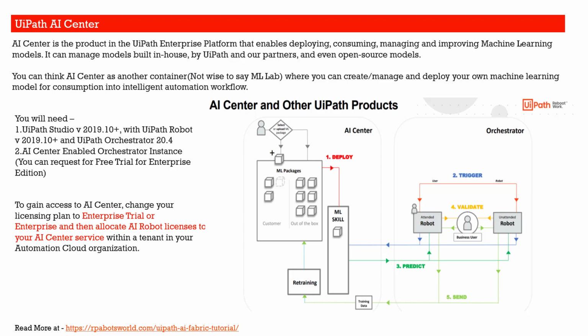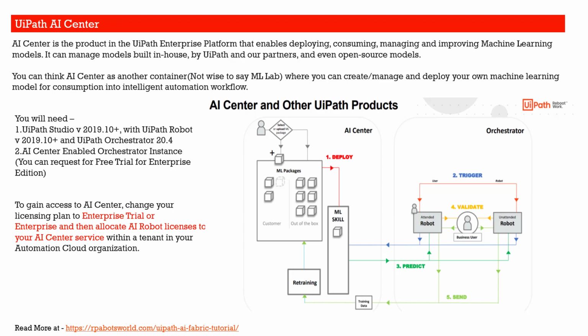It gives you a model of your choice. That means you can package your model and upload it directly into the AI Center, or you should be able to use UiPath-provided out-of-the-box ML models, which are pre-trained from the UiPath AI technology partners, right? Or there are some models which are retrainable.